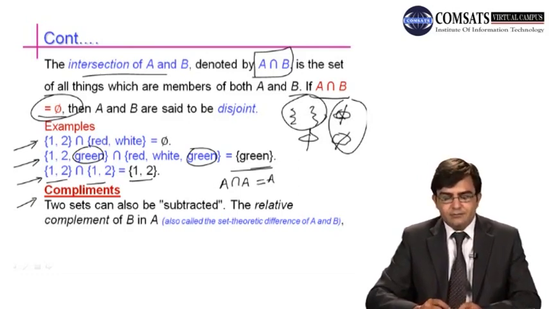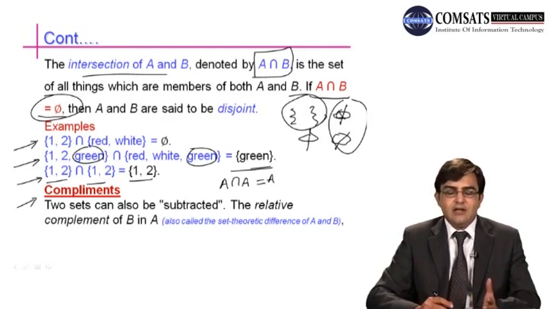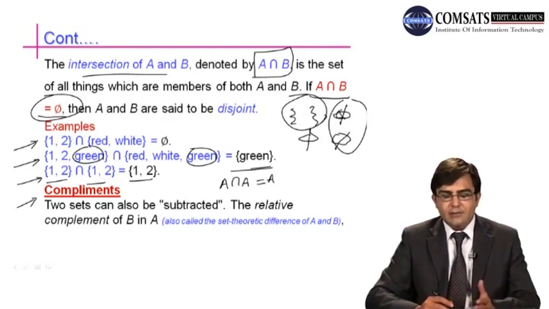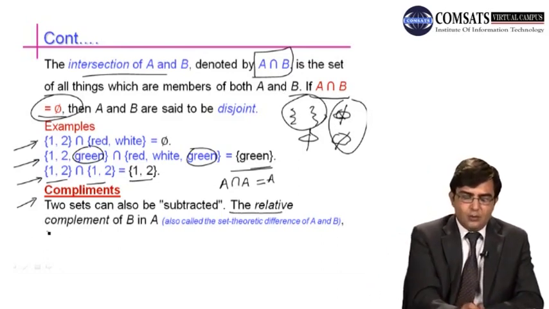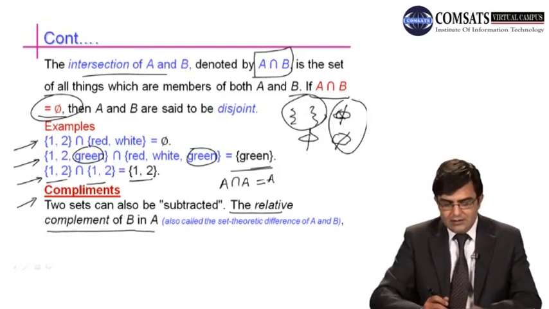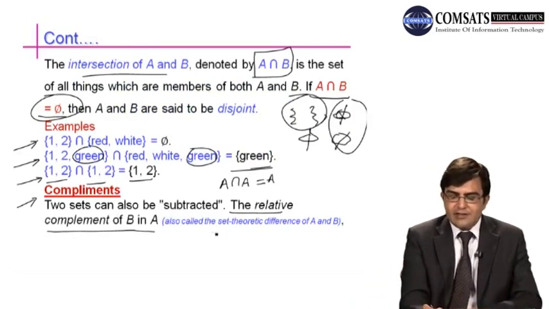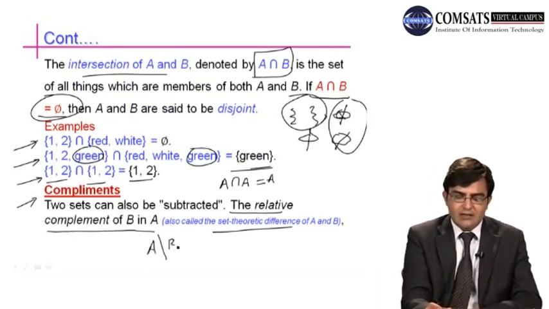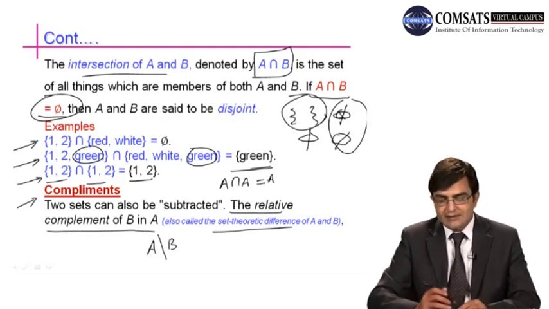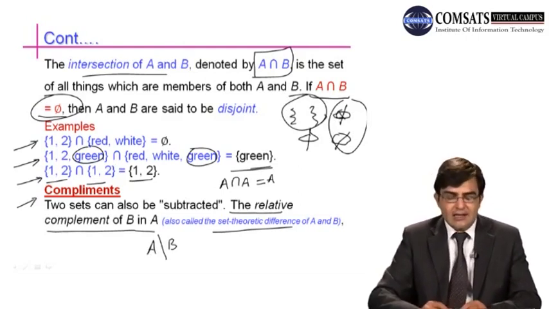Two sets can also be subtracted, as we have added two sets by taking the union of A and B. Similarly, we can subtract two sets, and we say the relative complement of B in A, which means A minus B, or the set theoretic difference of A and B. We denote it by A minus B. This is not the usual complement which you have studied in earlier classes with respect to the universal set.